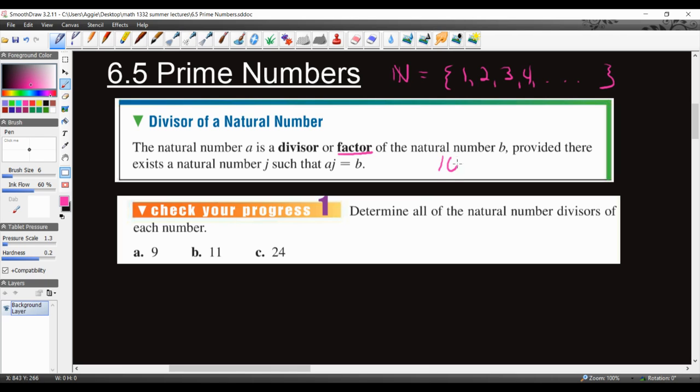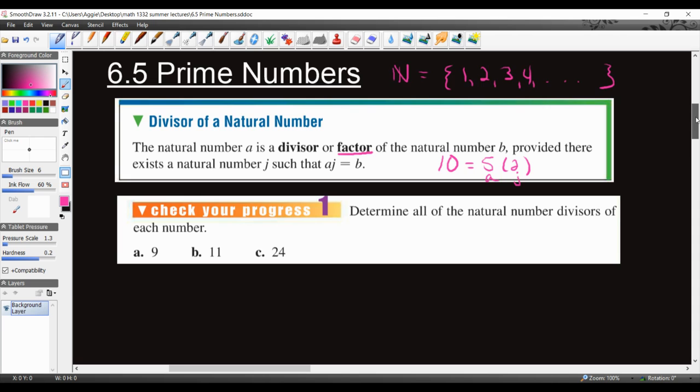For example, the number 10 is the same as 5 times 2, where 5 could be my a, 2 could be the j, and 10 is equal to that natural number b.